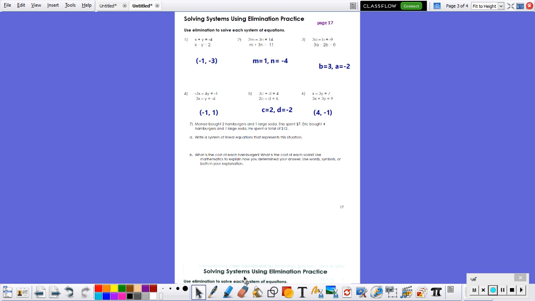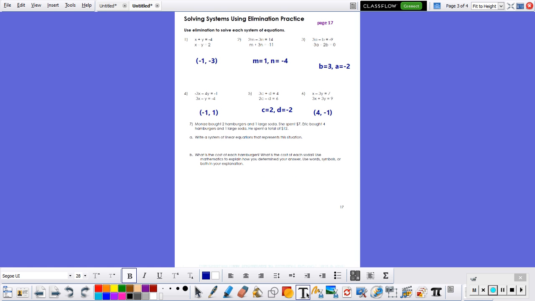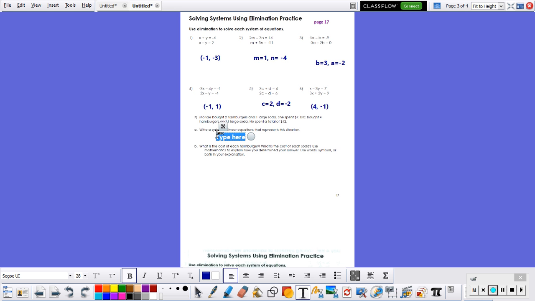So first off, I'm just going to type right over this, and then I'll put the answers in so you can check your equations. 2 hamburgers.